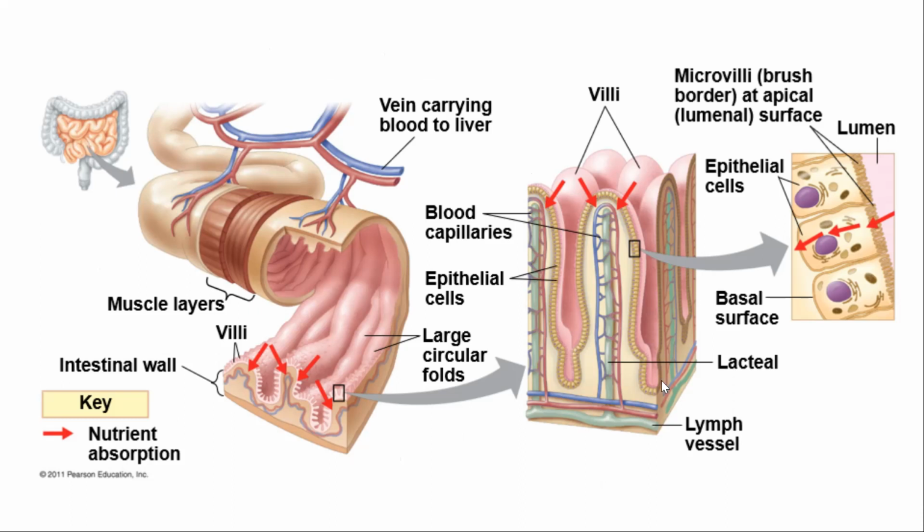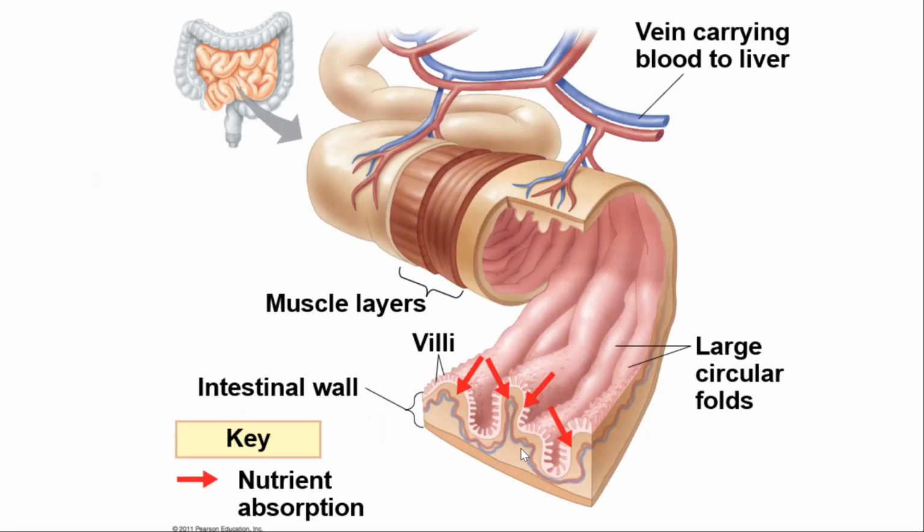So if we look at the lining of the small intestines here, we can see it's all squiggly, kind of like the stomach, but actually even more so. And those squiggles, the wrinkles, are called villi. And again, those wrinkles are taking advantage of the surface area to volume ratio. So it's increasing the surface area of the lining of the small intestines. And then if we look at a cellular level, the villi are lined with cells that have microvilli, and the cells themselves have these little bumps on them.